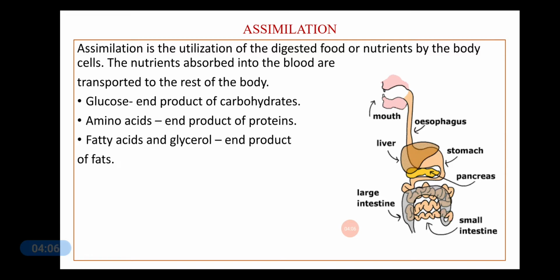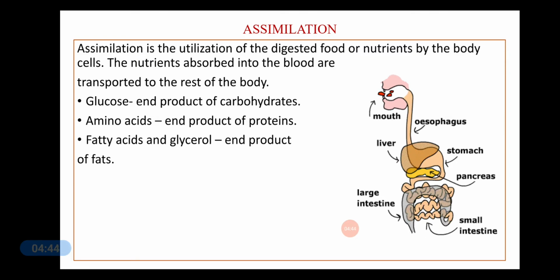Whatever food you are eating, this food enters into your body through the mouth, goes into your stomach, gets mixed up with the different enzymes, and these nutrients are then absorbed by the body cells. So how does each and every body cell receive all the food? Because the inner lining of the small intestine has finger-like projections called the villi. The villi increase the surface area for the absorption of the food.